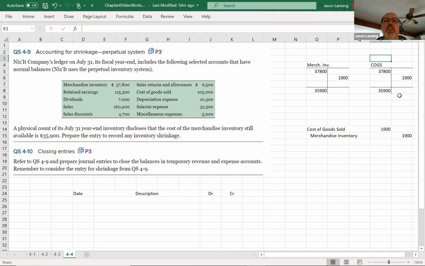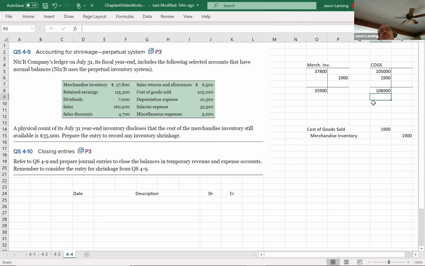Remember, cost of goods sold is like an expense for us. This is the expense it cost us to purchase things. So we had 105,000 here, and if we're debiting that 1900 in that adjusting entry, then our cost of goods sold ending balance is 106,900.